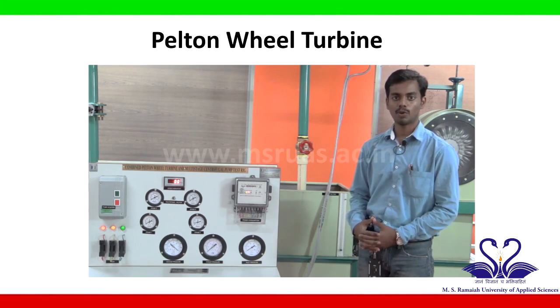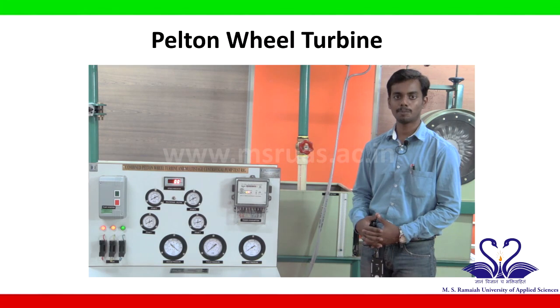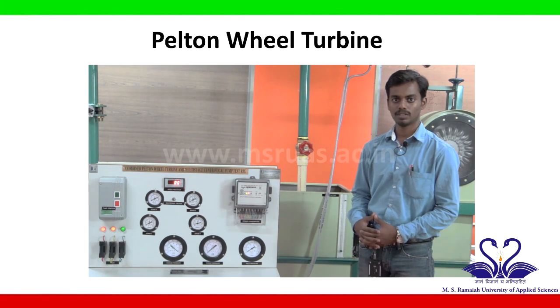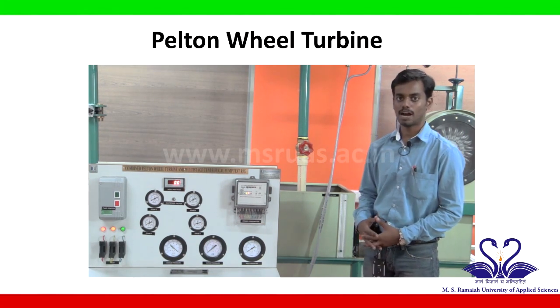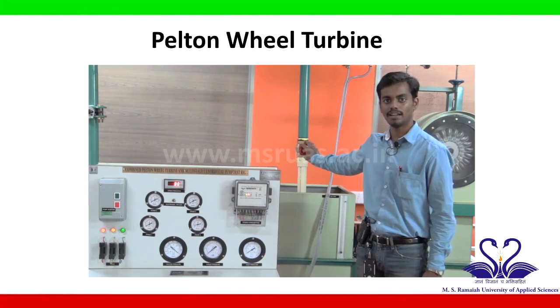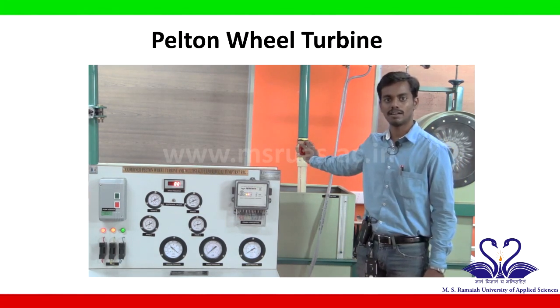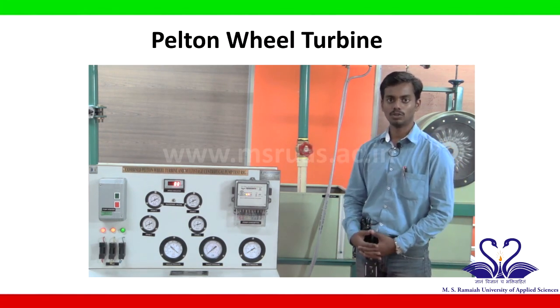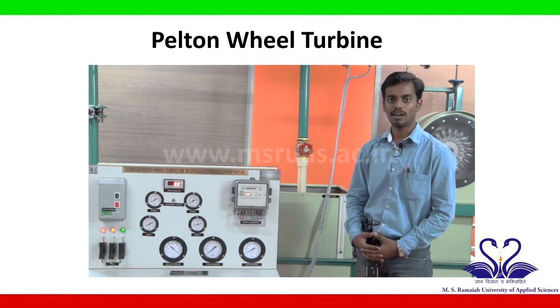But we have to ensure that the inlet pressure to the Pelton wheel is maintained at constant head for every trial. In order to do so, we have to open the bypass valve such that at the inlet we have the constant head for every trial. Thus, we can do the analysis for the Pelton wheel at constant head.